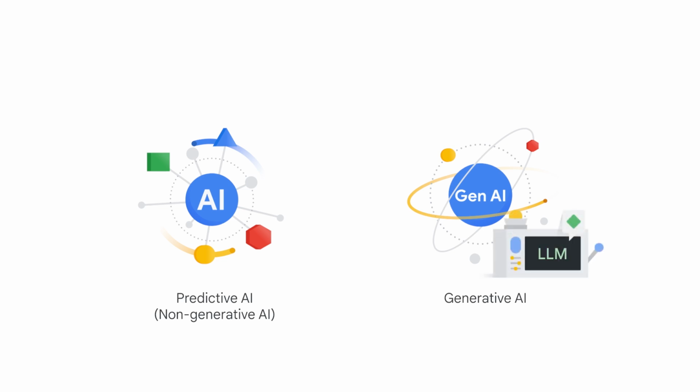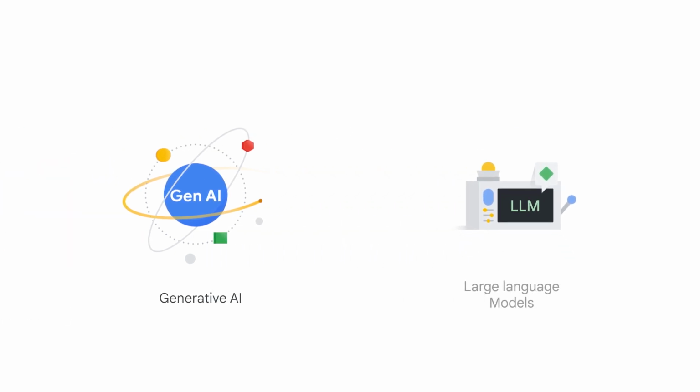Let's narrow the focus to large language models, or LLMs for short, which are a specific type of generative AI model that's revolutionizing the way we interact with language. While LLMs and generative AI are often used interchangeably, and both refer to AI models that generate human-like text, they're not quite the same thing.